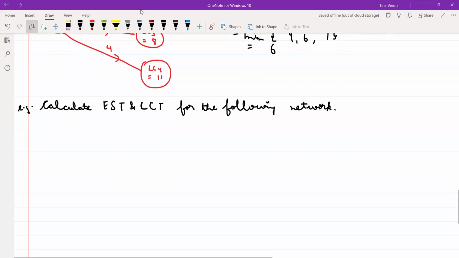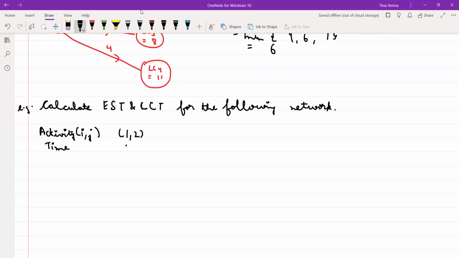So the given information is that these are your activities and this is the time it requires. This is my activity, I am denoting it by IJ. The activity is 1 to 2, I require time 15. For activity 1 to 3, I require time 8.